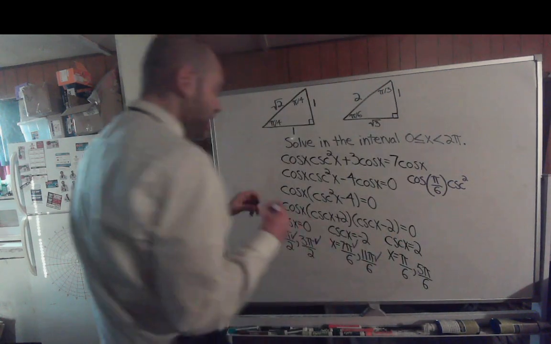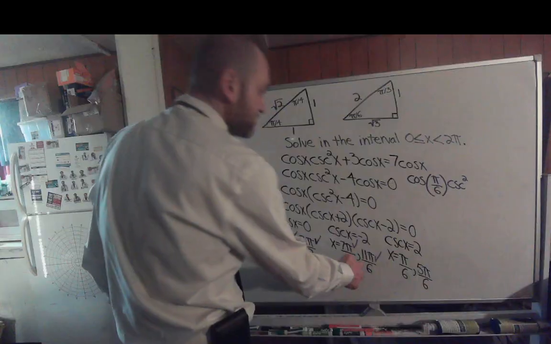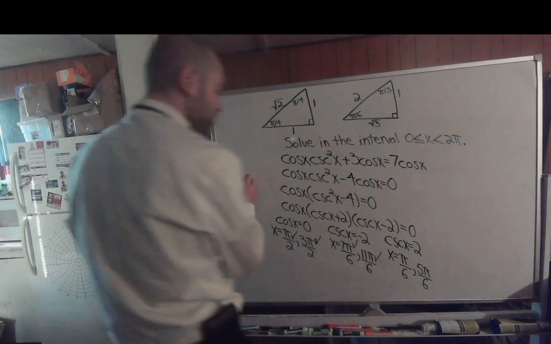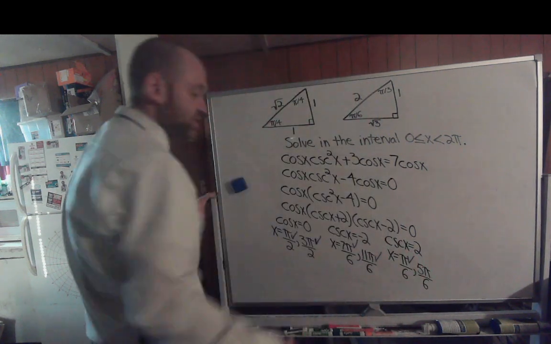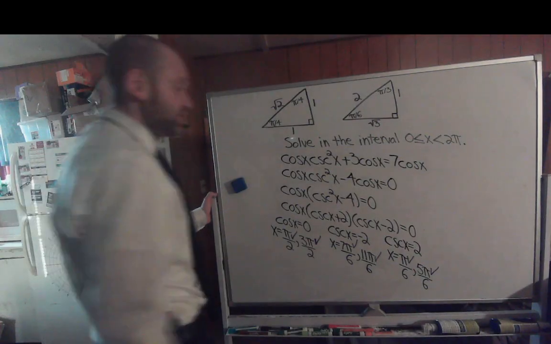Well, actually, the pi over 6 should be the exact same as 11 pi over 6, first and fourth quadrant. So that'll hold up. And then the 5 pi over 6 would work the same as 7 pi over 6 in the second quadrant. So yeah, we have 6 solutions.